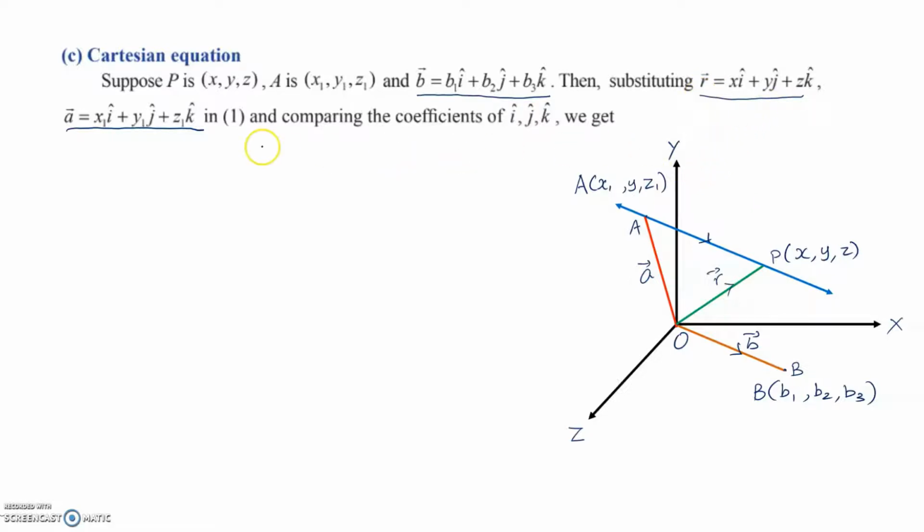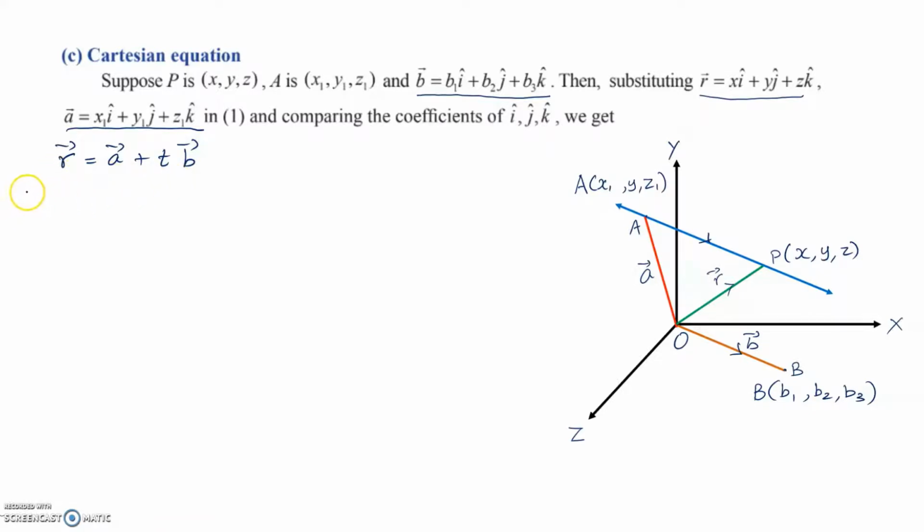So let's bring the parametric form here. The parametric form says vector R is equal to vector A plus t times vector B. Now let's substitute the values of R, A, and B.